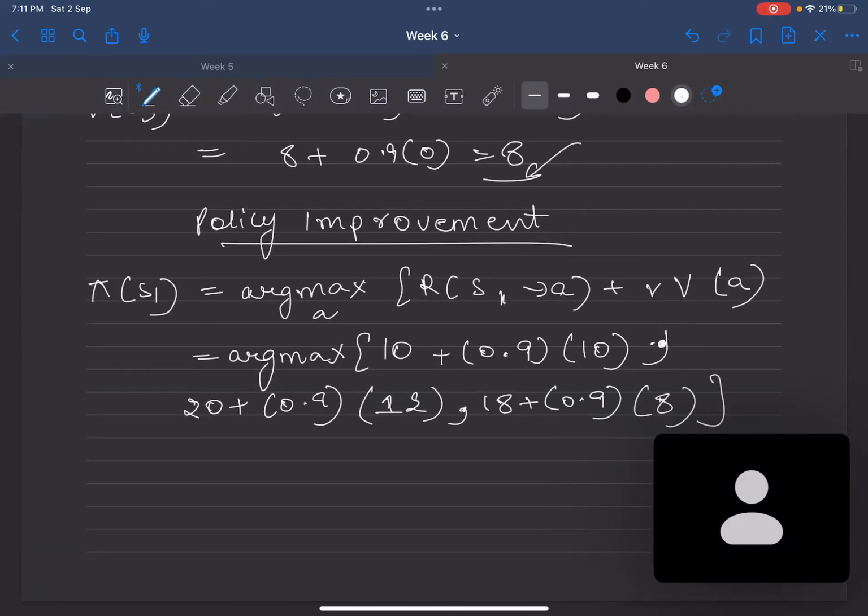Now 10 plus 0.9 into 10, that is 19. 20 plus 0.9 into 12, that is 10.8, so 30.8. 18 plus 0.9 into 8, that is 7.2, so 18 plus 7.2 is 25.2.